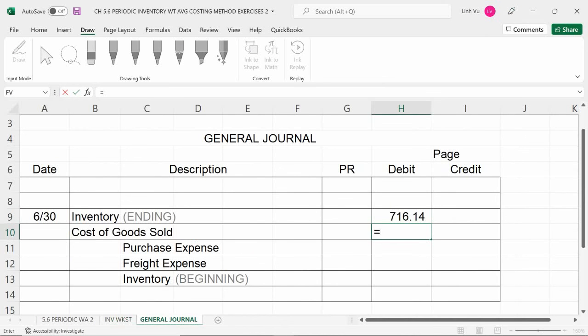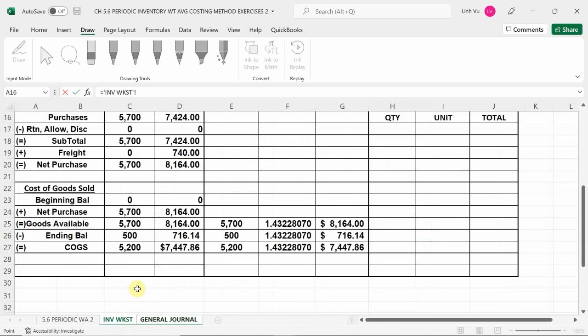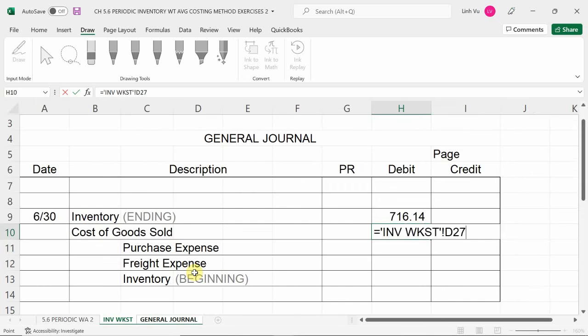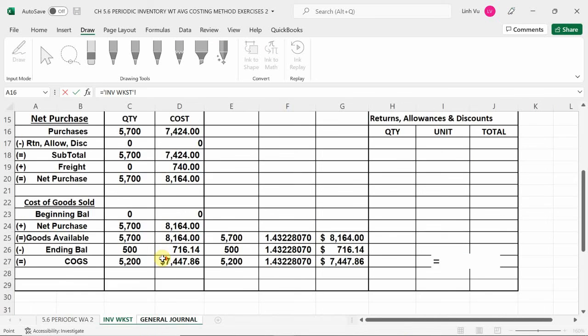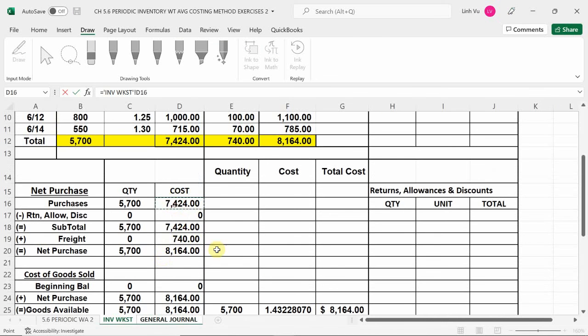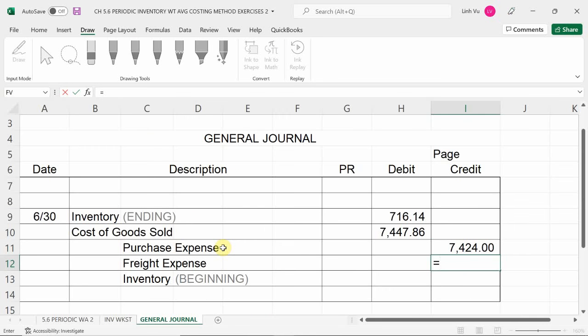And your total cost of goods sold, 7,447. Your total purchases, right? In this case, my purchase price was the 7,424. And of course, what was the total amount of freight?